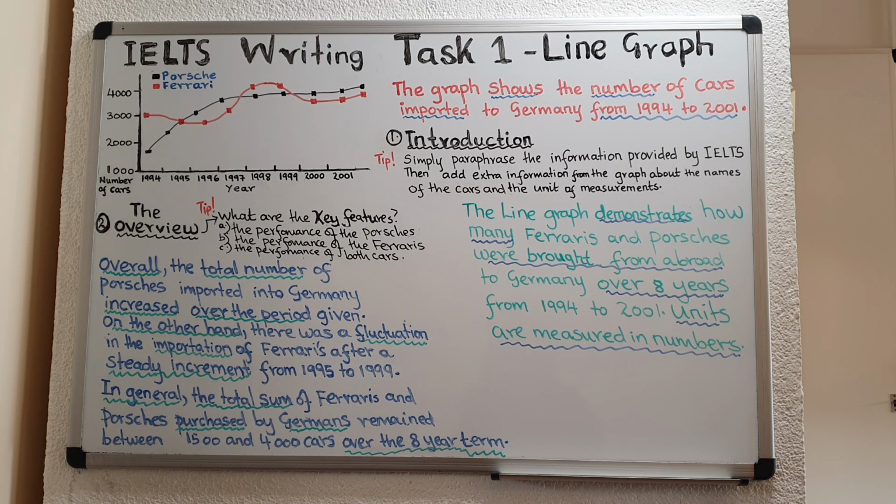Then you have the Porsche, which is supposed to be in black. So the black line of the graph represents the number of cars bought, and the car is the Porsche. And then the red is the Ferrari. So once you have that information, then you move on to write your introduction.